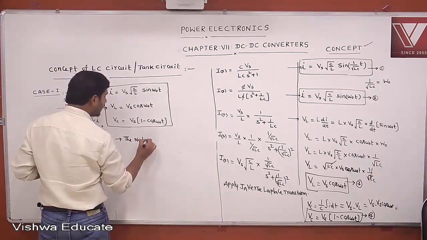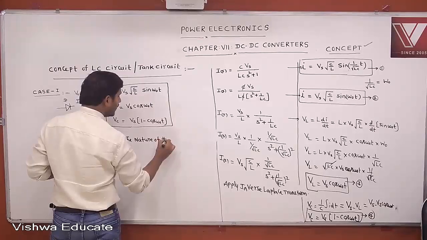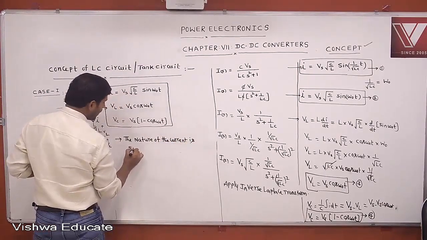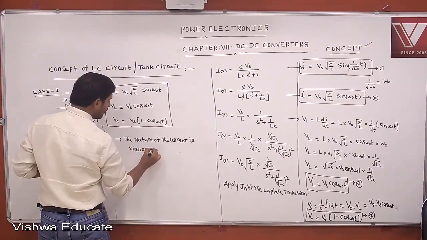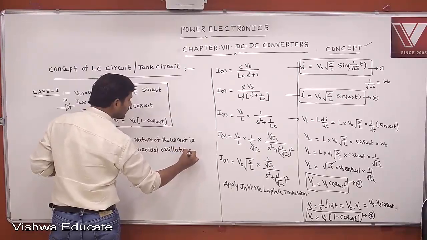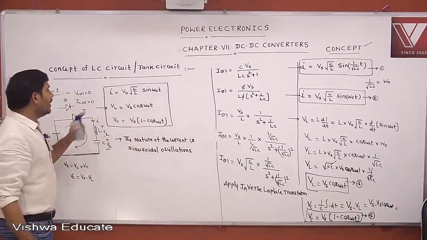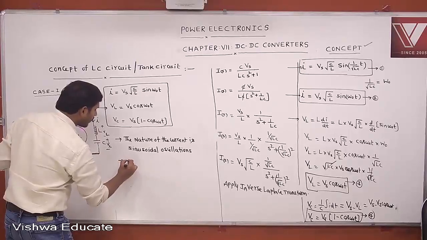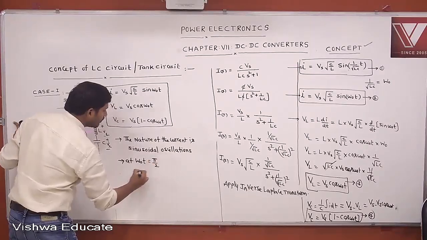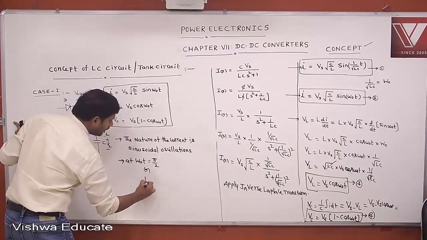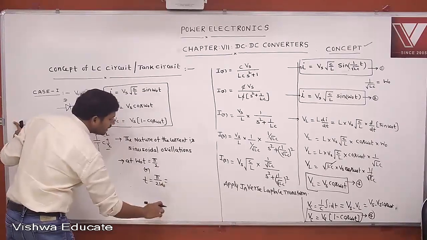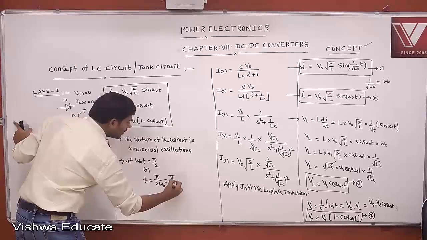The current is maximum at omega naught t equal to pi by 2, or t equal to pi by 2 omega naught. Omega naught is 1 by root LC, so that is pi by 2 root LC.